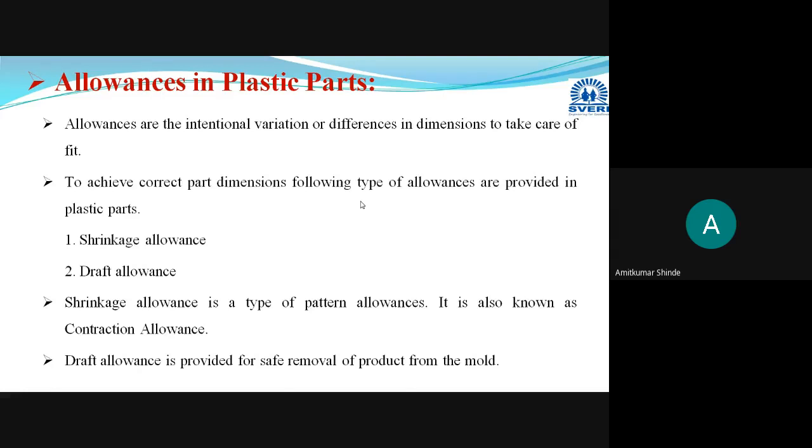For that, shrinkage allowance or contraction allowance is provided, and the draft allowance. Okay, after ending of the solidification process, the particular component you have to remove from the mold cavity, you have to take out.